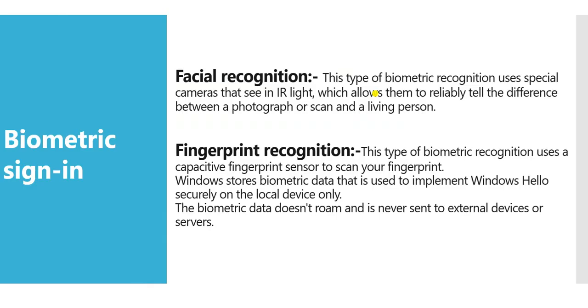Now let's understand biometric sign-in. We have two types of biometric sign-in. One is facial recognition. It's very simple: the camera recognizes your face using IR lights. The IR light detects whether it is a living person or just a picture, so IR technology is included with the facial recognition.